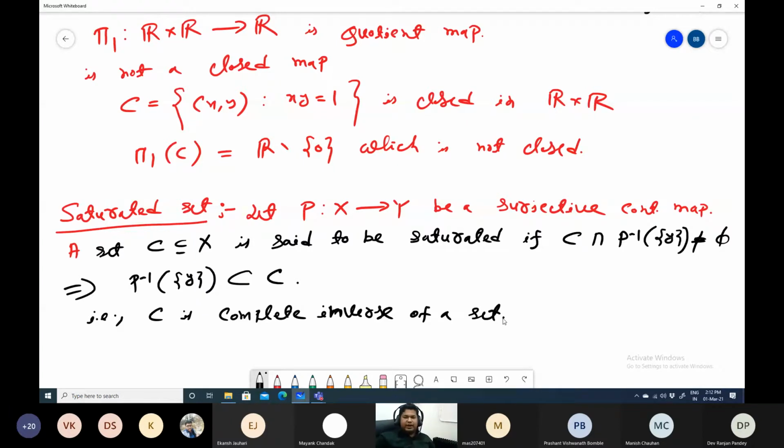So that means, for an example, it is better to give one example. Say f is a map from R to R, say f(x) equal to x square. Now if you take the closed interval 0 1, is it a saturated set?